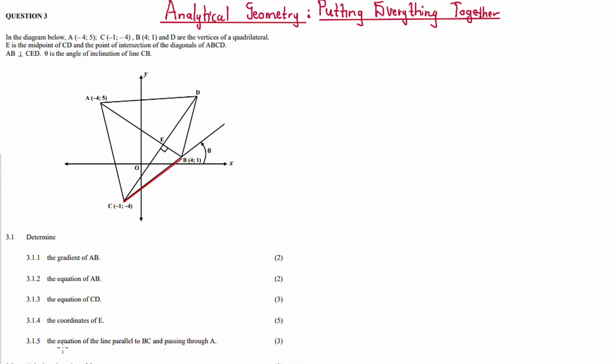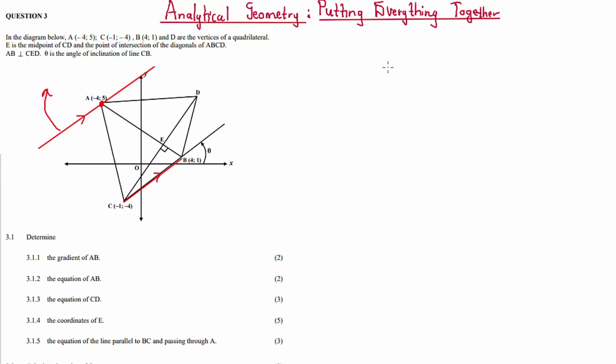So they are saying there's a line that is parallel to BC and it passes through A. So there's also another line that passes through A, like this. So they want us to get the equation of this line that is parallel to line BC and passes through A.